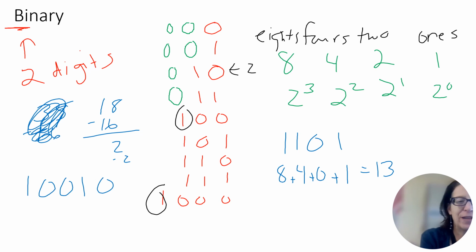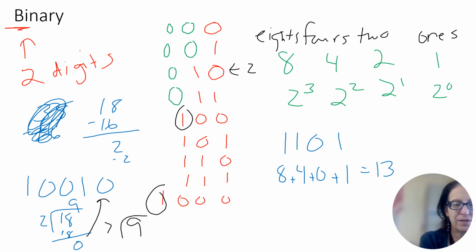You could also do repeated division, where you take 18, divide it by 2, and look at the remainder. The remainder tells you what the least significant bit is, and then you take the quotient and divide it again. So that is 8, and you look at the remainder.